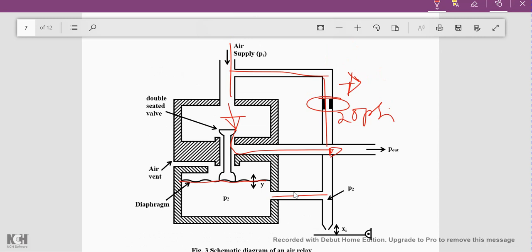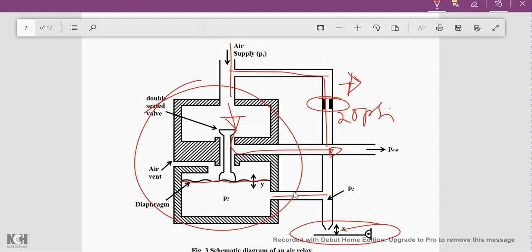Now suppose again there is an air flapper operation used. As we cannot use the entire air pressure in this valve, we are using this another area here to increase the volume of the air. So a lot of air will be available. Basically there is a double seated valve, so that can be closed from both sides, lower side and upper side.